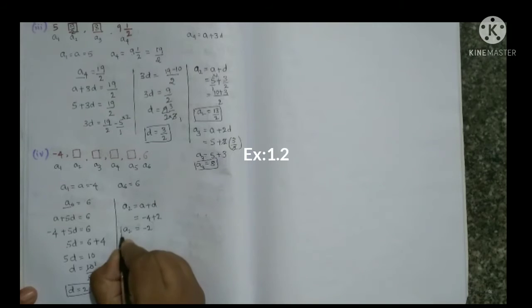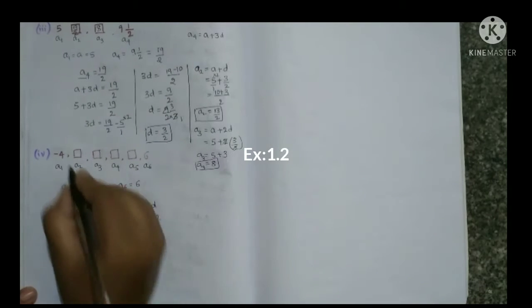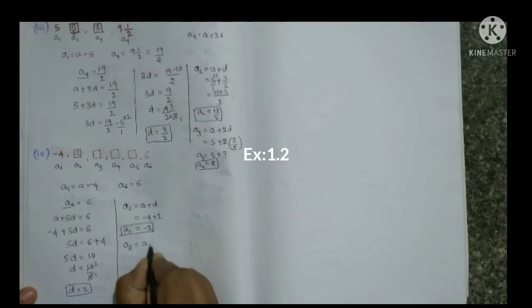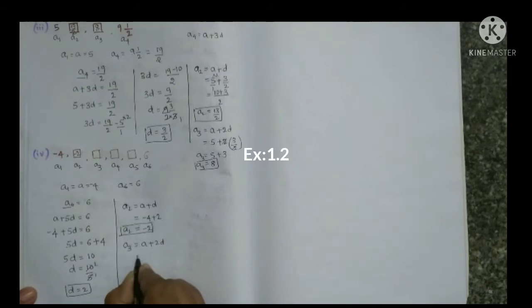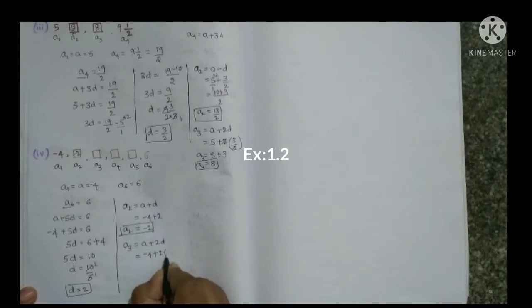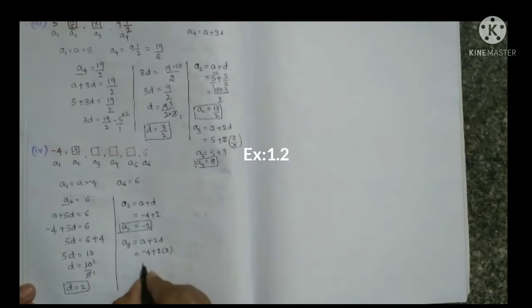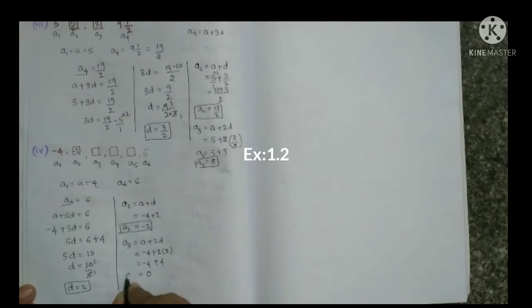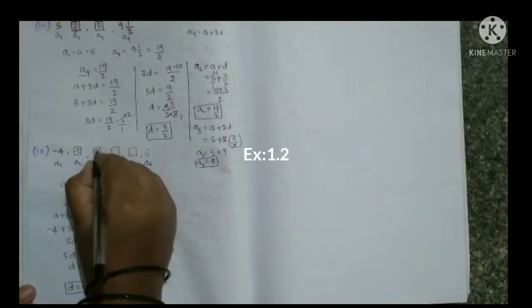A2 is minus 2. Then A3 equal to A plus 2D. A value we have minus 4 plus 2 into the D value, which is plus 2. So minus 4, 2 into 2 is plus 4. Minus 4 plus 4 will become 0. So A3 is 0 here.